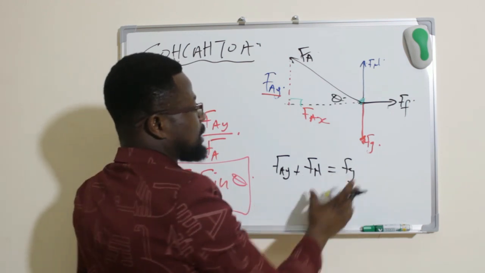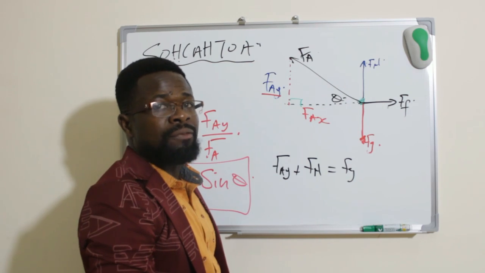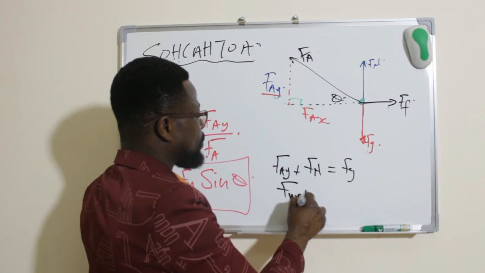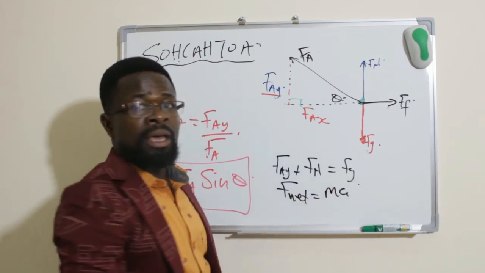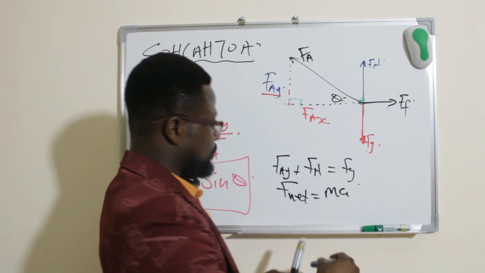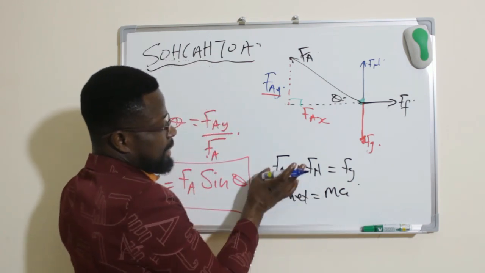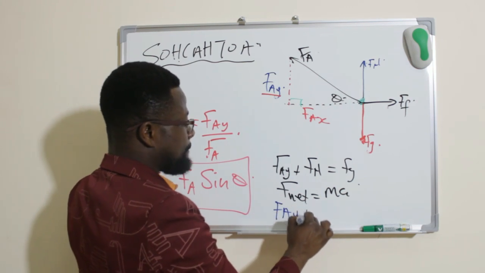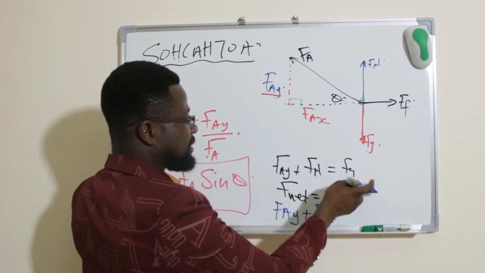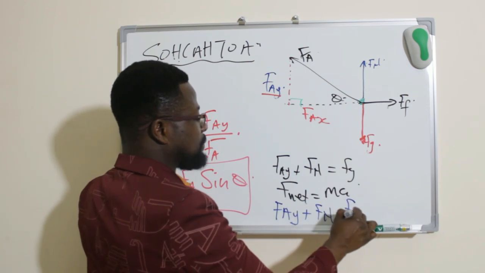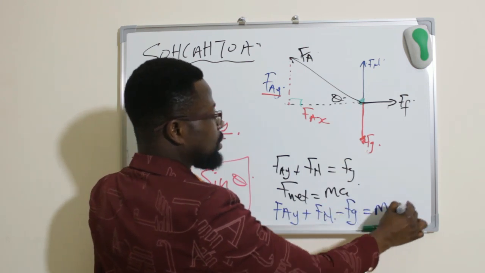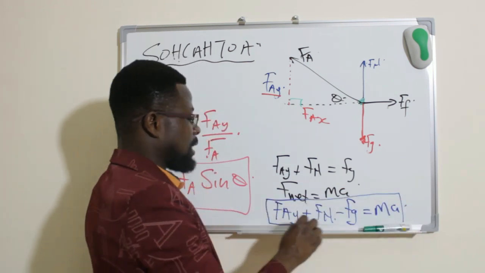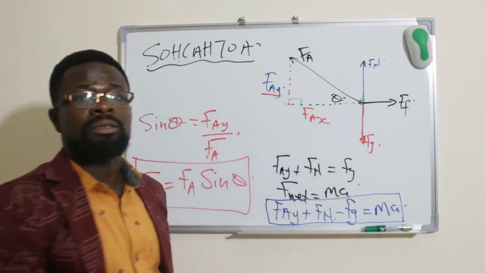And from here we can just simply make use of our net force according to Newton's second law to say that our F net is equals to MA. And that means that F net is this plus that plus this. So we have FAY plus FN. If I transpose this to that, I will have negative FG being equals to FA. And this is very important in the calculation of the net force.